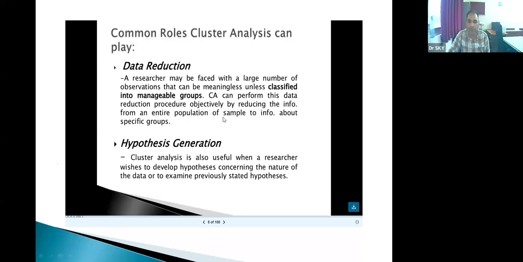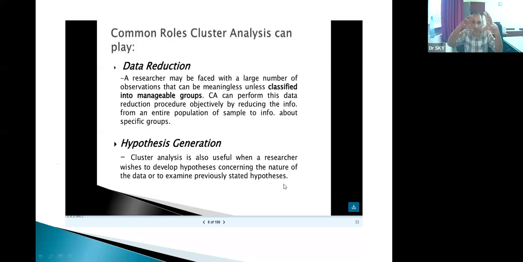From an entire population to a sample to information about a specific group, we can make different groups on the basis of the characteristics. And how is it used in hypothesis generation? So cluster analysis is also useful when a researcher wishes to develop different hypotheses concerning the nature of the data, or to examine a previously stated hypothesis.